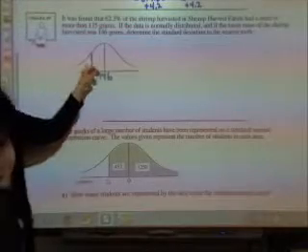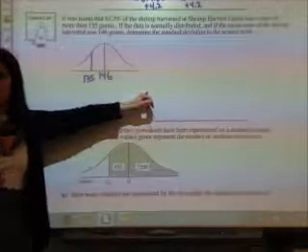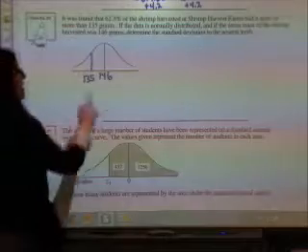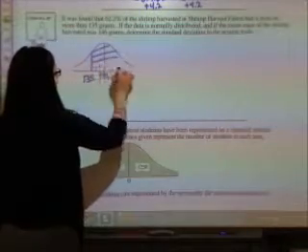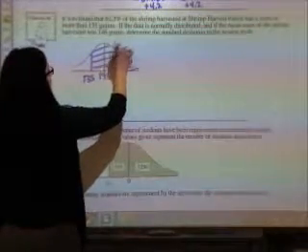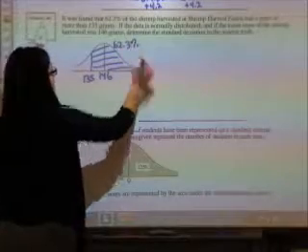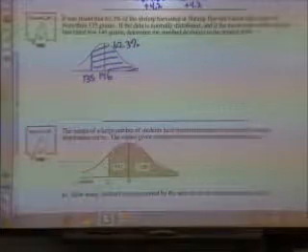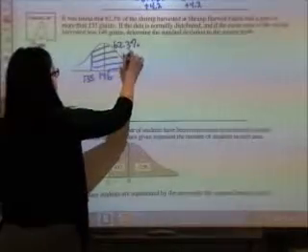To the left or to the right? Right. To the right. If I look at this, it has to be to the right because it's more than 50%. So this area in here has to be 62.3%, which as a decimal would be 0.62.